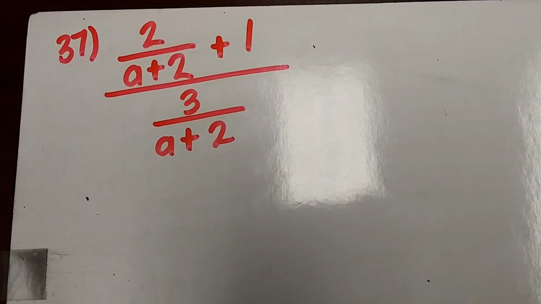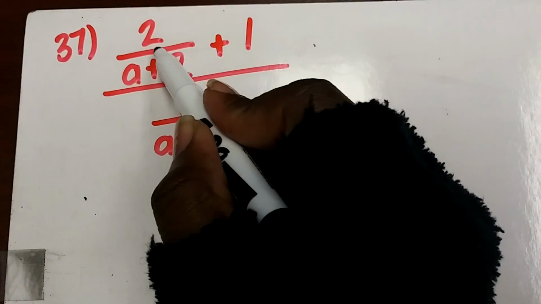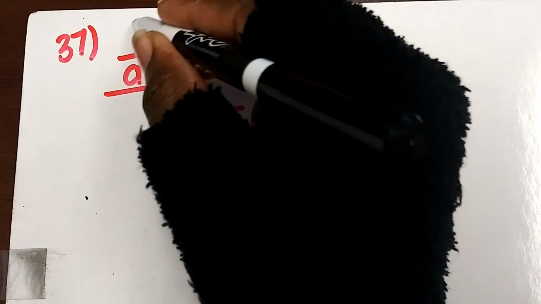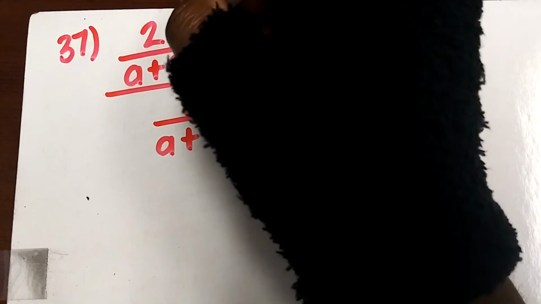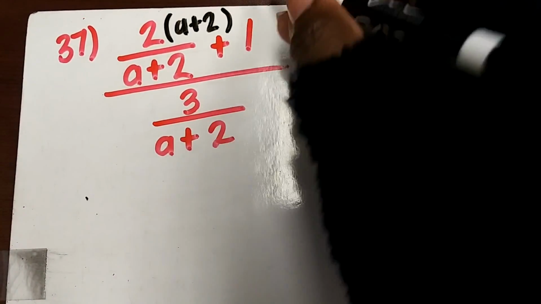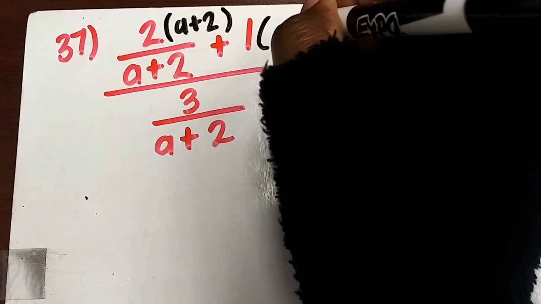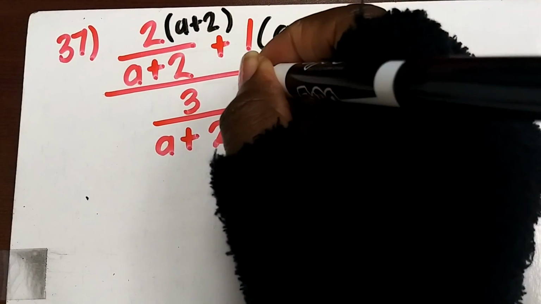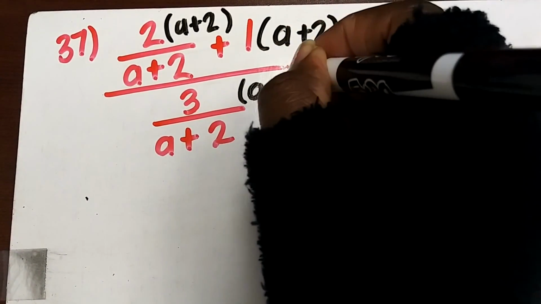What you do with that is you take each term and multiply it by your LCD. So I'm going to take this first term and multiply it by a plus 2. I'm going to take just that 1 and multiply by a plus 2. And I'm going to take my bottom part and multiply it by a plus 2.